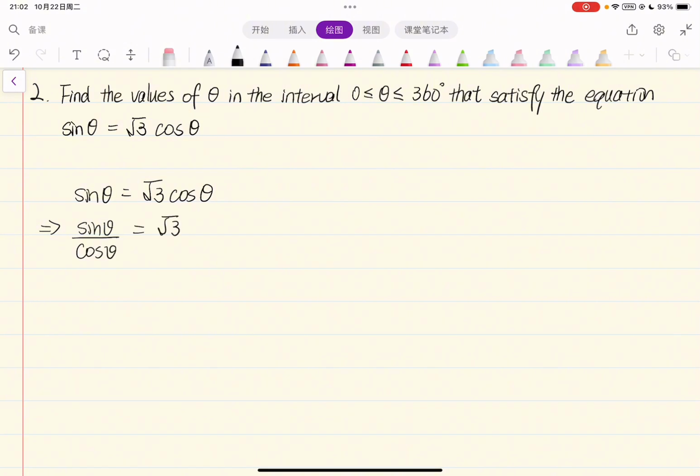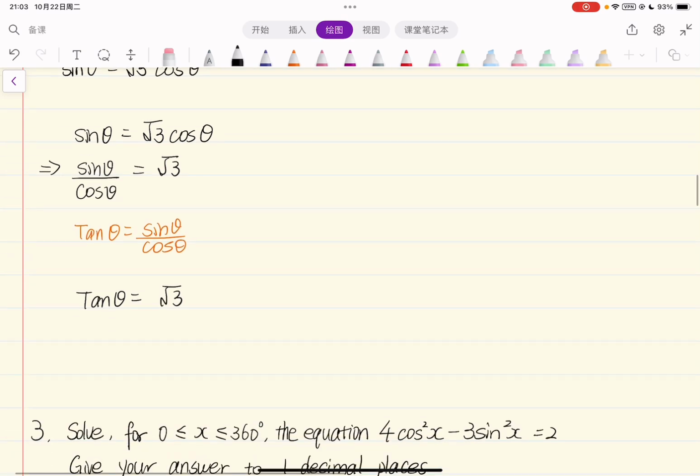We know that tangent theta equals sine theta over cosine theta. So we get tangent theta equals square root of 3. Thus theta equals arc tangent of square root of 3, or you can write it as tangent minus 1 of square root of 3. That equals 60 degrees by using the calculator.